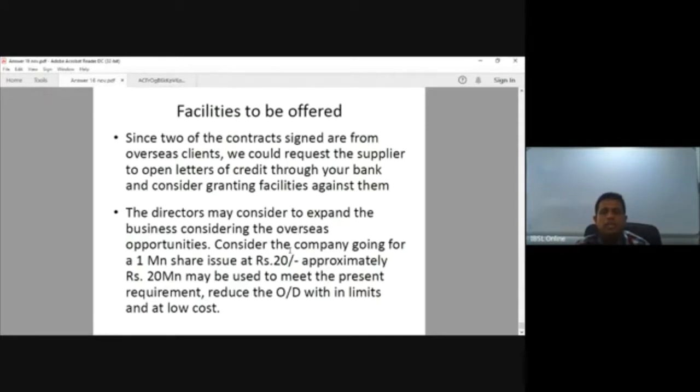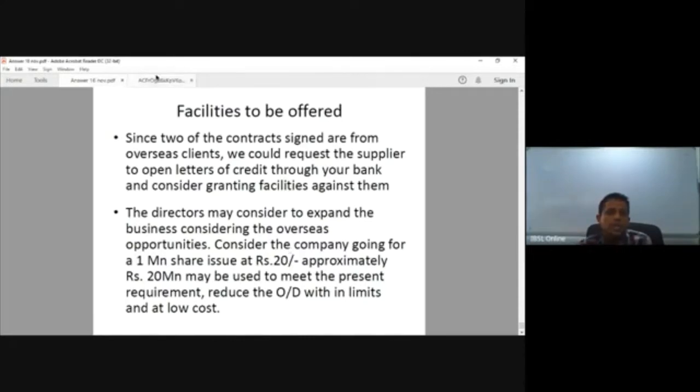Consider the company going for a 1 million share issue, 20 million, sorry, a 1 million share issue issued at 20 rupees per share. Approximately 20 million may be used to meet the present requirement and reduce the overdraft limit. Without going for new facilities, the company may issue a 20 million share issue.